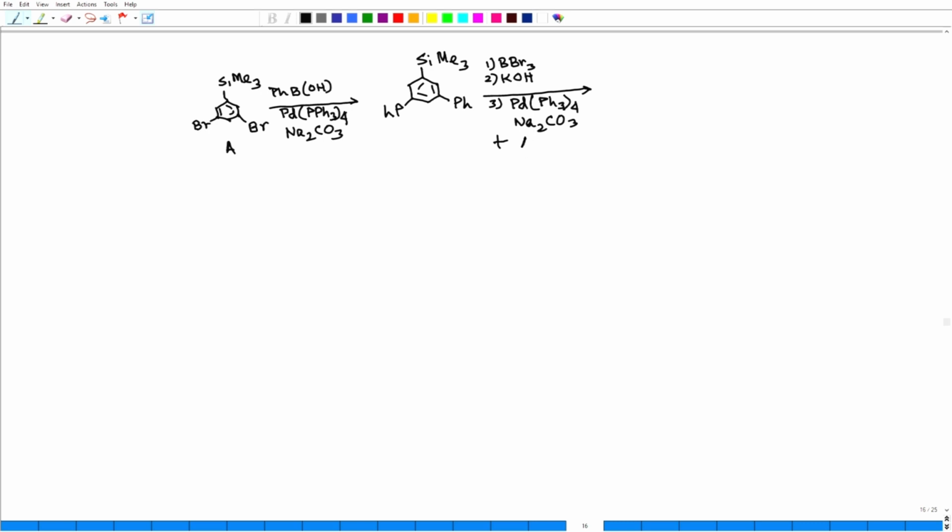So, plus A. With this we add A, meaning this part, and then try this. So, what will happen? It will make phenyl-phenyl bonding. So, finally, we get this particular compound, Si-Me3.